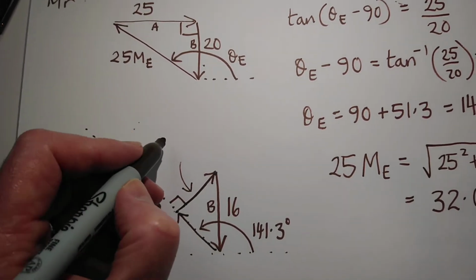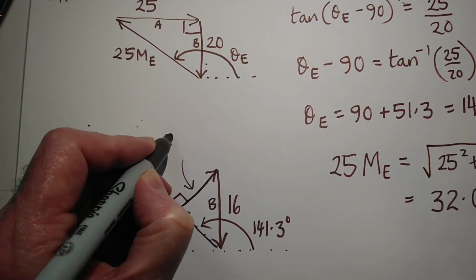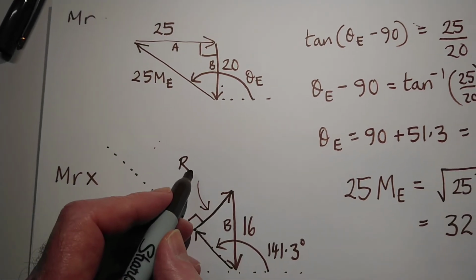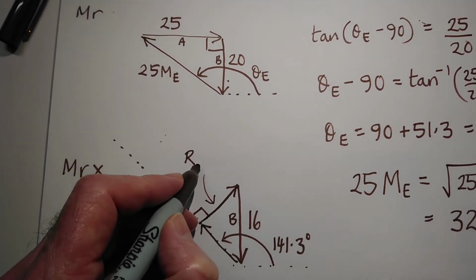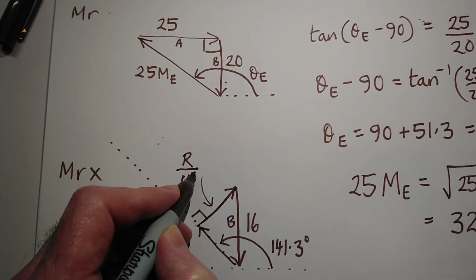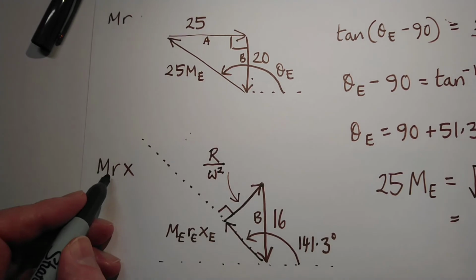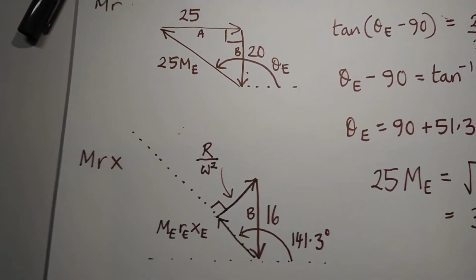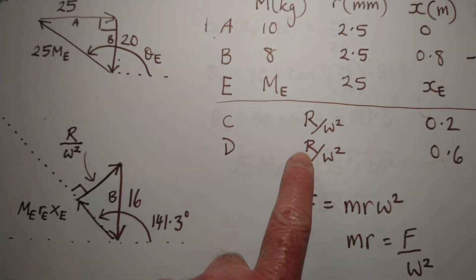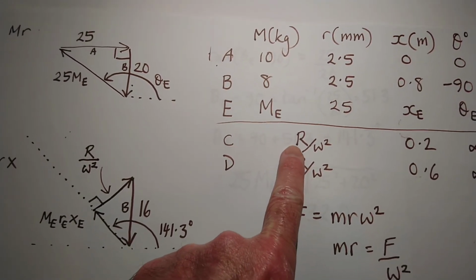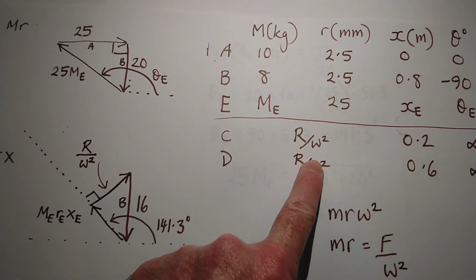Well, we know that the force on both of these bearings is equal to R. And we know that MR, because we worked it out earlier, is going to be R over omega squared. Let me just show you the table again. Okay, so if you remember, for the bearings C and D, we had MR values the same for both, R over omega squared.